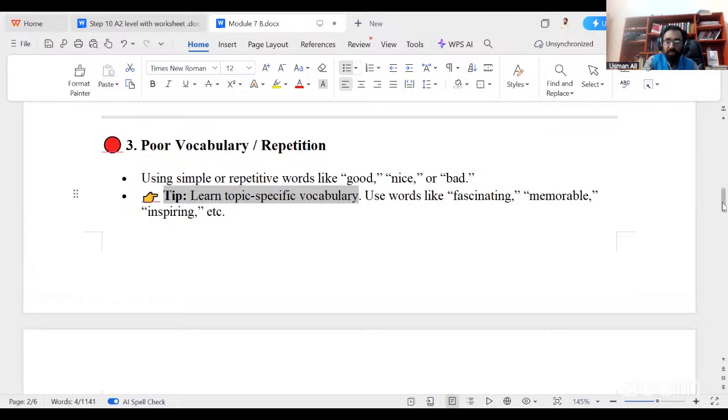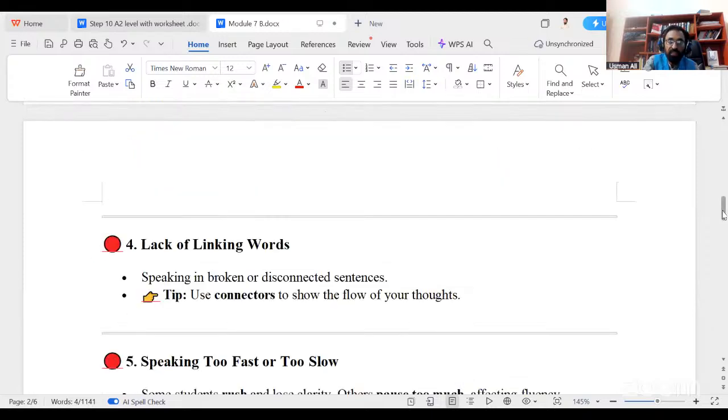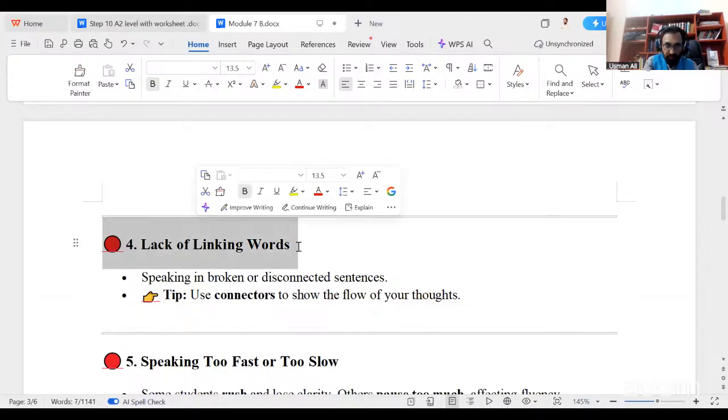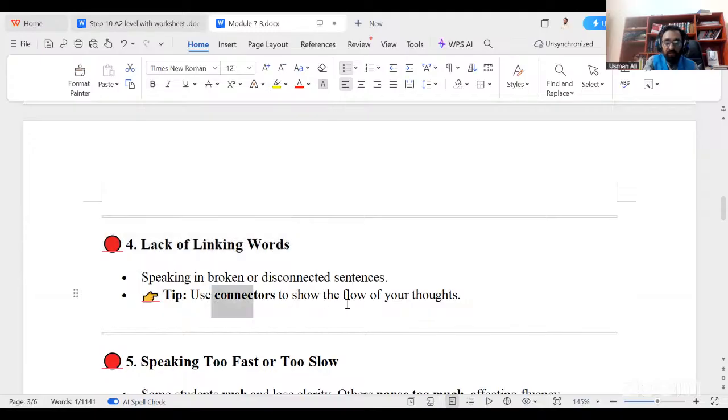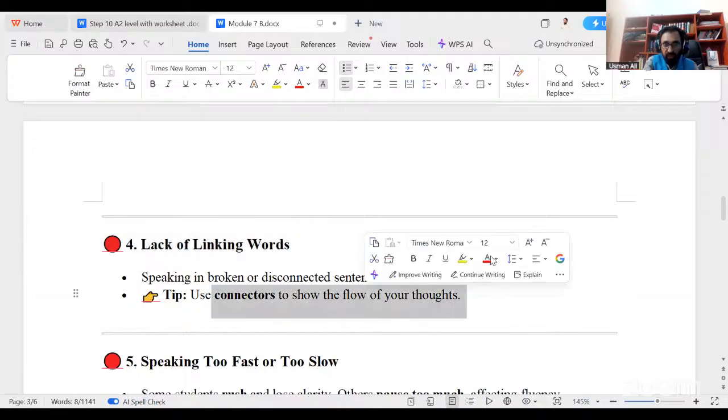Okay, so lack of linking words. If you do not use linking words, this is one of the reasons why students don't get 7+. Speaking in broken or disconnected sentences is not good. You must connect all the sentences. Use connectors to show the flow of your thoughts.